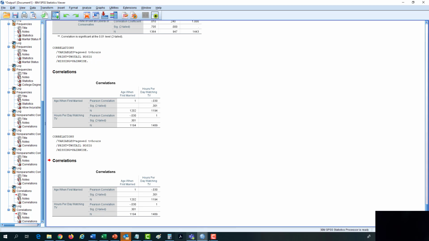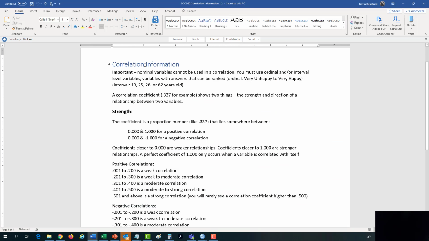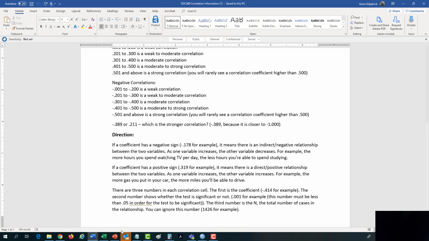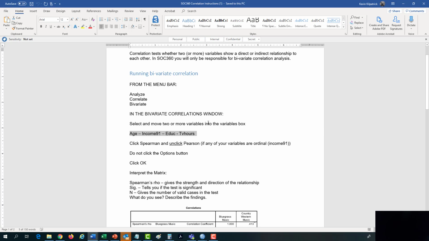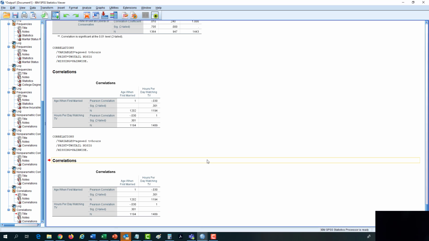Okay, so that was like a really lengthy explanation of what correlation is and how to run a correlation, and then we actually ran a couple tests. Okay, so I think that's the best I can do.